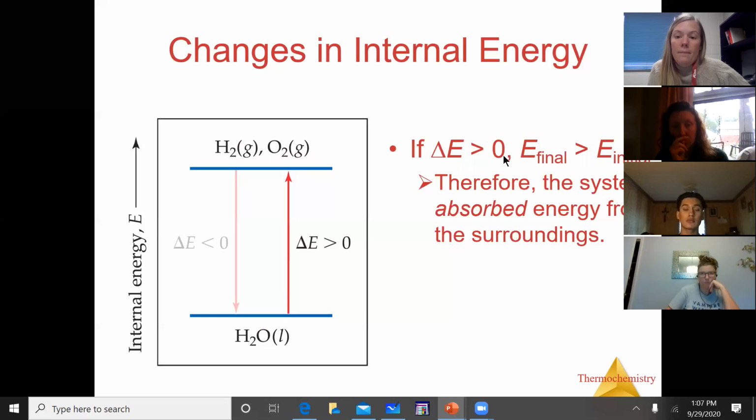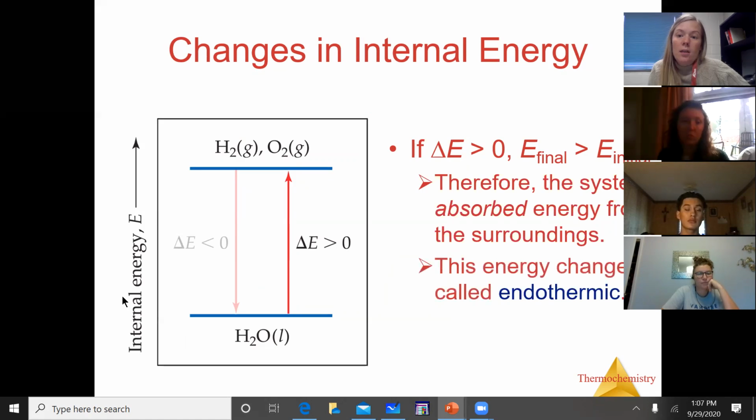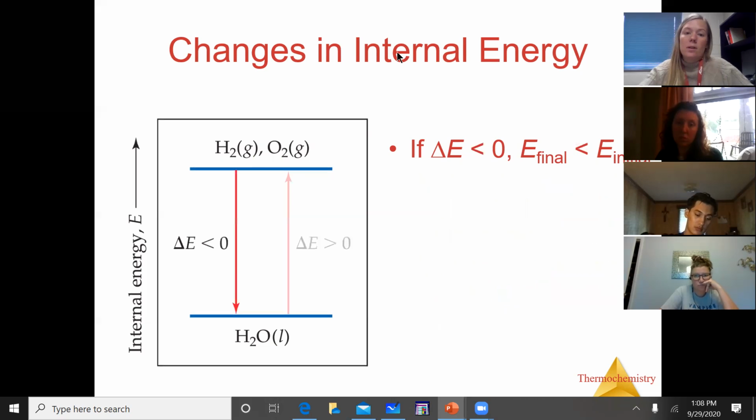So here is a diagram that's showing the internal energy. So we're starting here and our arrow is moving in this direction. Okay, so our arrow is moving up, which means that our final energy is higher than our initial energy, or our E final is greater than our E initial. When that happens, we have a positive delta E value. We're not really talking about numbers right now, we're just talking about concepts.